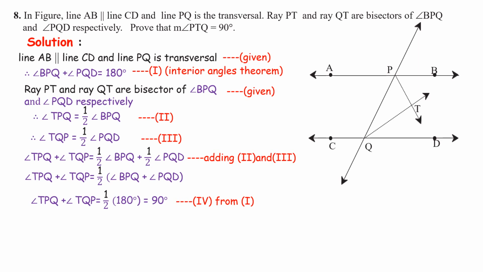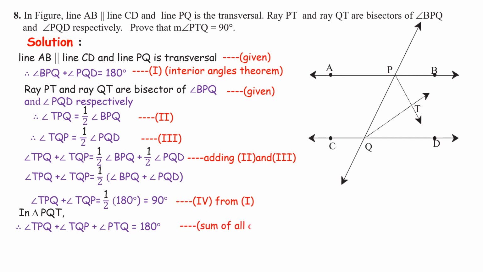Now we take this triangle PQT. In this triangle, the sum of these two angles is equal to 90 degrees. This is the given part. This is the proved part. In triangle PQT, angle TPQ plus angle TQP plus angle PTQ is equal to 180 degrees.